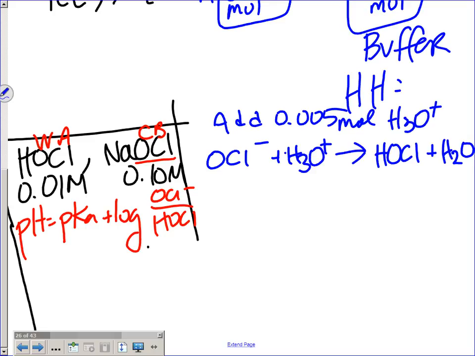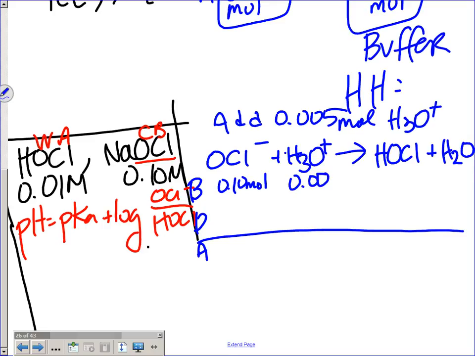So this is going to be a true reaction, so BDA table. How much of this initial hypochlorite do I have in moles? 0.1 moles. Strong acid? 0.005, right? And hypochlorous? 0.01. Okay.